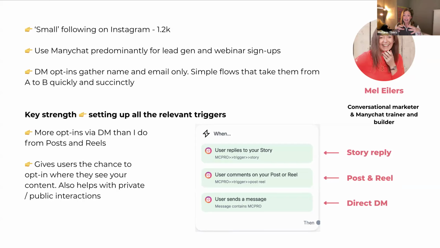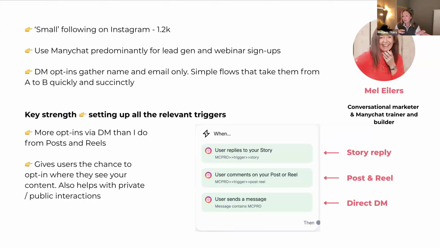If you are very clear in your organic content that they can comment on your reel, they can reply to a story, or they can DM you, you are giving them the opportunity to interact with you where they feel most comfortable. And I would say that is especially true for any content that does have a little bit of sensitivities about it, where people may not feel comfortable commenting publicly.